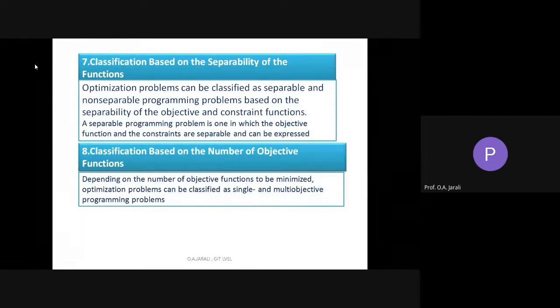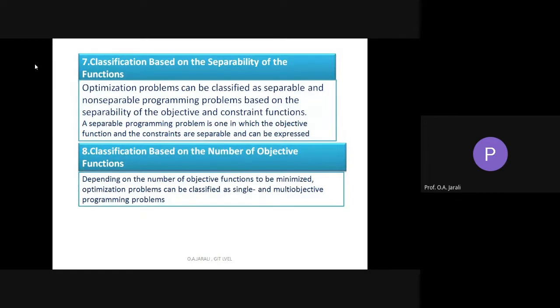Whatever basic theory we are discussing right now, this theory is applied to all topics which we are going to learn in the lectures. Whatever syllabus we will see ahead, this theory will apply everywhere. We are seeing basic theory so that we have this information. So optimization problems can be classified as separable and non-separable programming problems based on the separability of the objective and constraint functions.